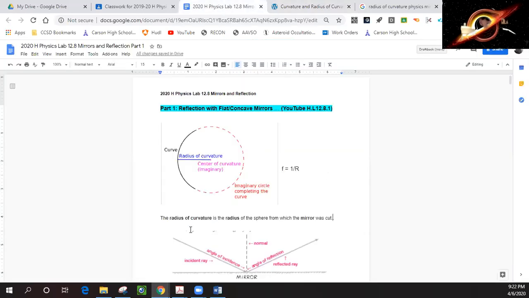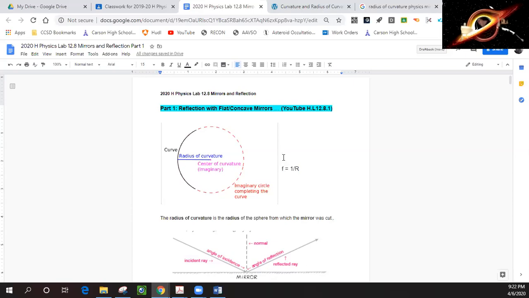Suffice to say that the radius of curvature is the radius of the sphere from which a mirror was cut. So imagine this is a sphere here, or a circle, and we cut away all this part here, and here we have a mirror. So the radius of curvature is really the radius of the original sphere or circle, if you will. Now, there's an important term which is called focal length.